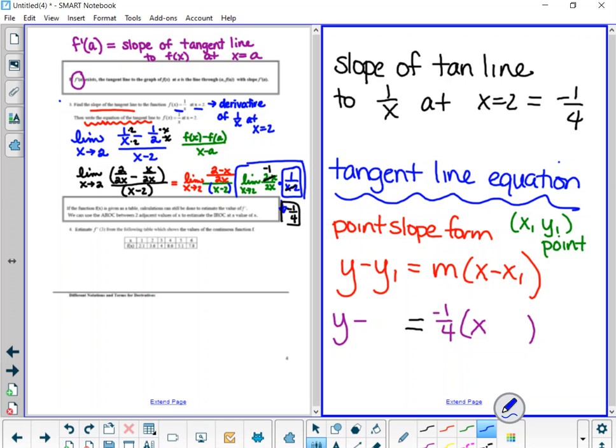Now, they told us the x value of the point. They told us they want to go to x equals 2. So that means x1 is 2. What's y1? Where did you get that? Yeah, that's the function.